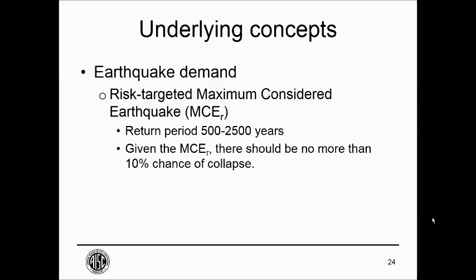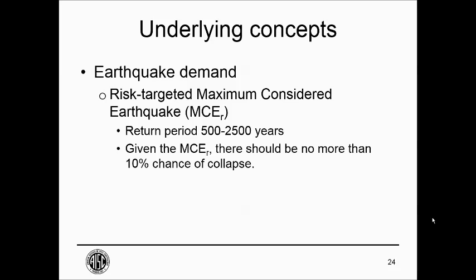So it's a sort of joint probability of the earthquake happening and the effect on the structure that gives us the reliability that we're after. So if we just put it in terms of this earthquake, given that this earthquake happens, we want no more than a 10% chance of collapse.